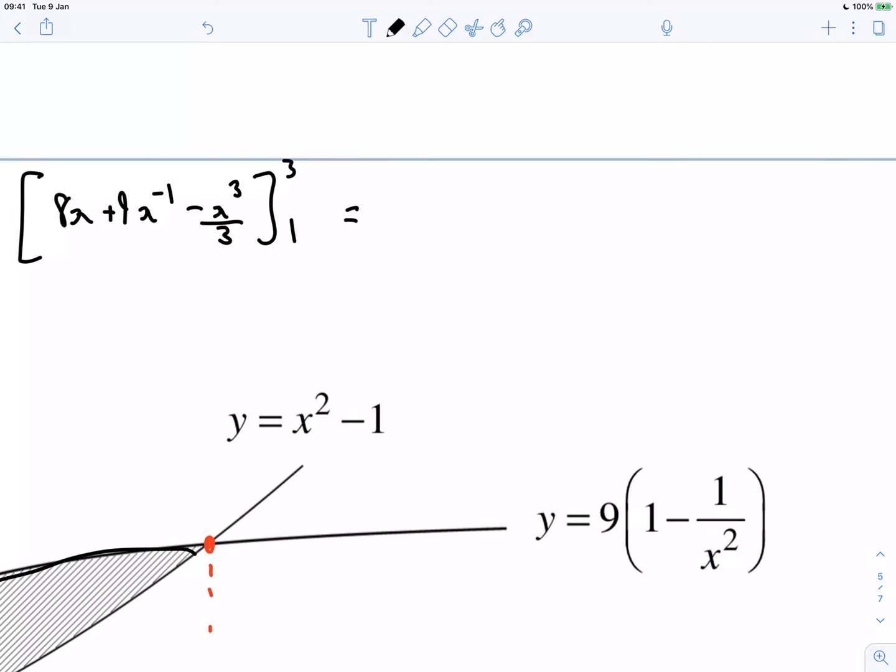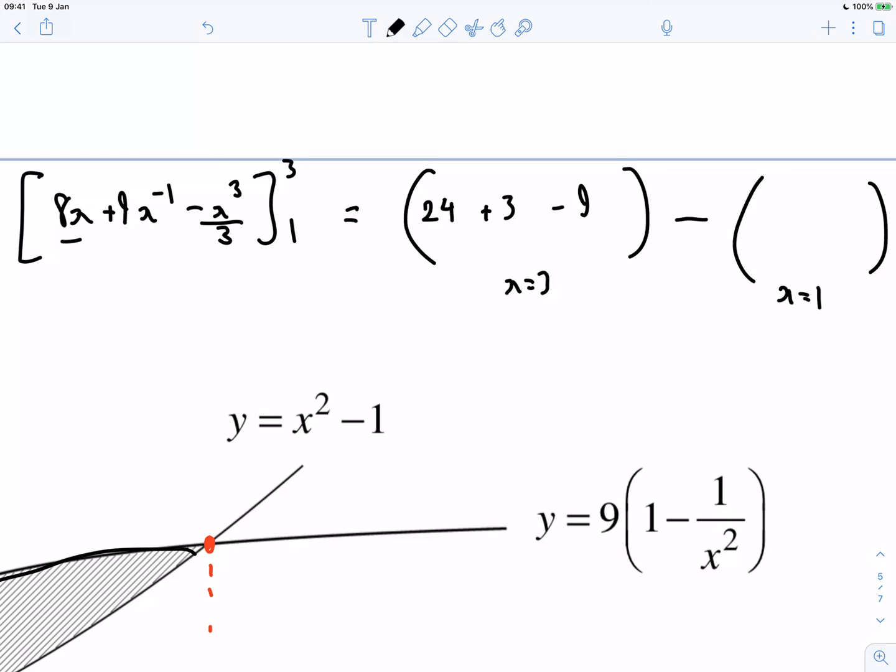Okay, so brackets, brackets, minus brackets, brackets. This is when I sub in x is 3. This is when I sub in x is 1. When x is 3, I've got 8 times 3, which is 24, plus 9 times 1 over 3. That's what x to the minus 1 is. So 9 over 3 is 3. Minus 3 cubed over 3. Well, 3 cubed is 27 over 3 is 9, so that becomes minus 9.